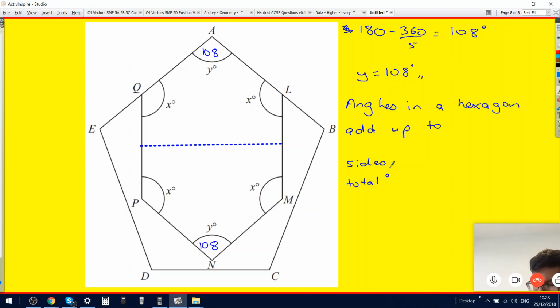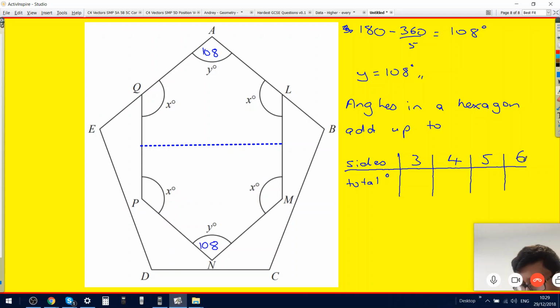Or no, it's 540. Sorry, 540. Okay, so what do you get? So 2x is 540 minus 198, 342. So x must be half of that, so 171 degrees.